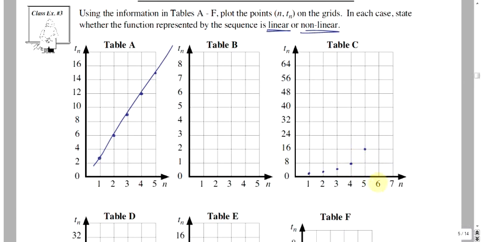Okay, now we're making progress. 6 was 32. 7 was 64. Does that look linear? No. We are doubling. We're not adding by a consistent amount. If you want to graph that thing, it makes a nice curve. It's definitely a pattern, but it's not linear.